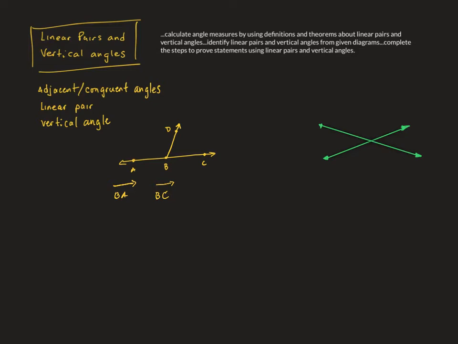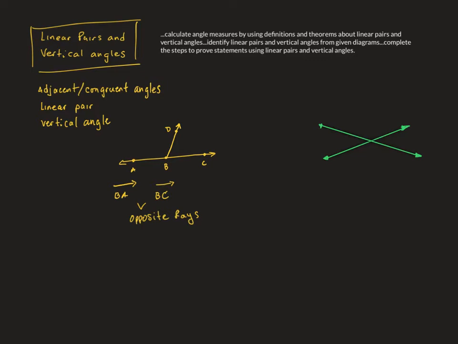Why is that important? They form a straight line, which is 180 degrees. So these two are opposite rays. And that is important because that's going to be a characteristic of a linear pair.